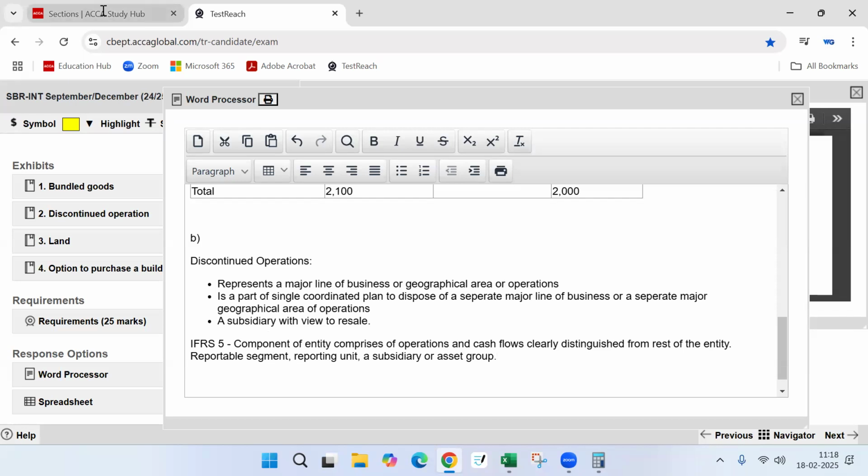And a component is usually identified at a level higher than a single cash generating unit. Hence, a license is unlikely to be a component of an entity.